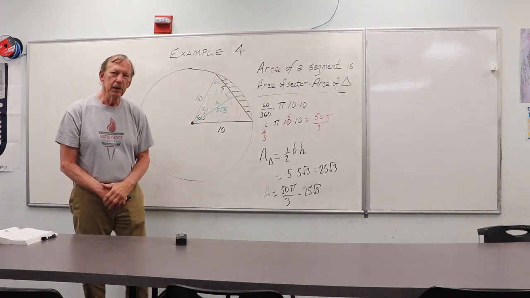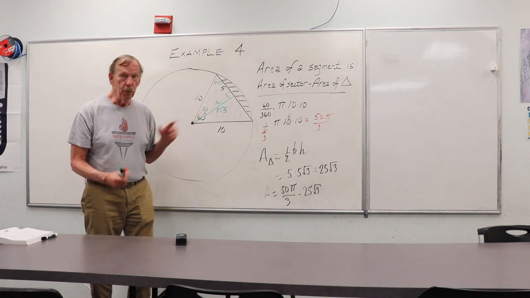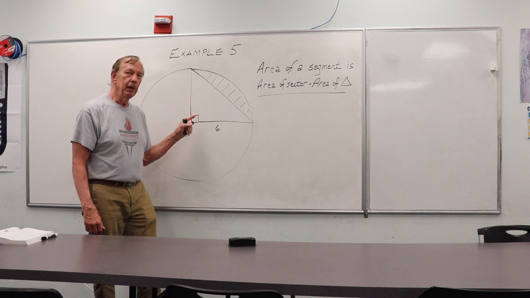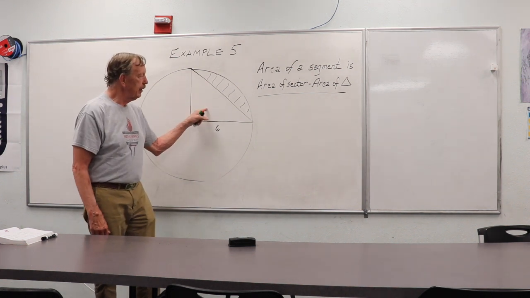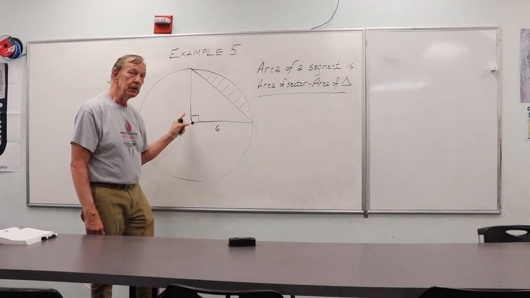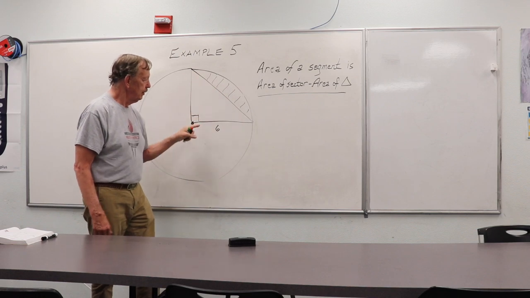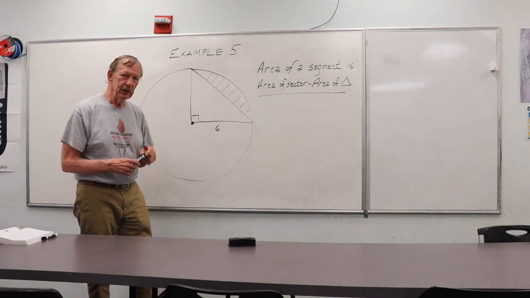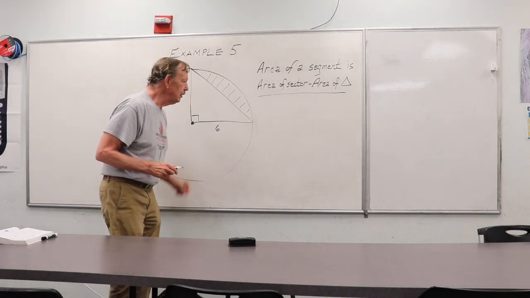Let's do another one that involves a triangle that we should know. In example 5, we've got this triangle and this sector and that segment. The central angle is 90. The radius of the circle is 6.